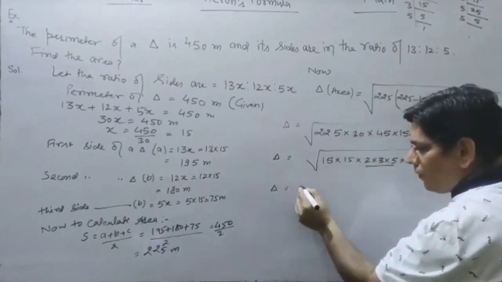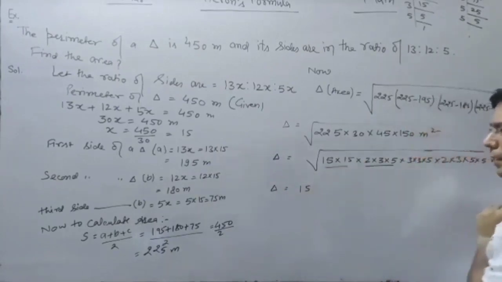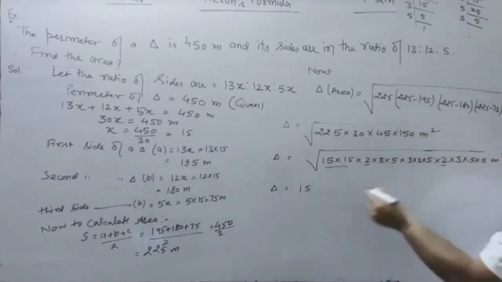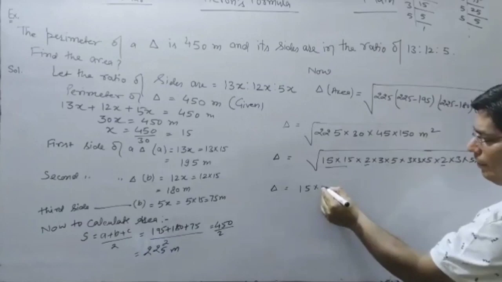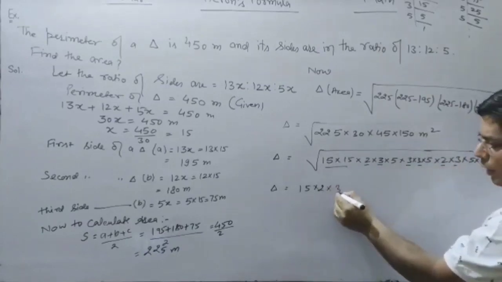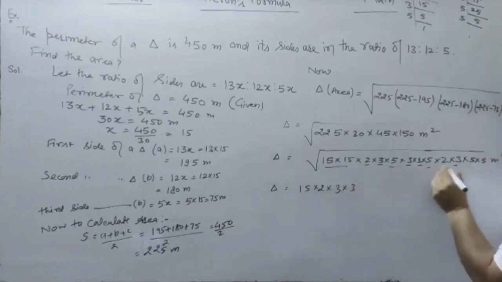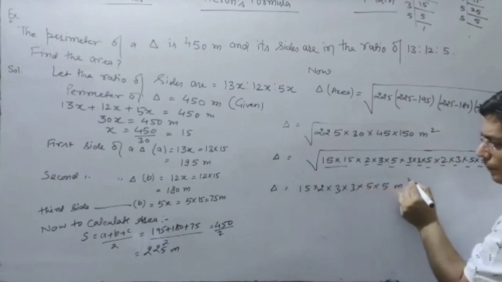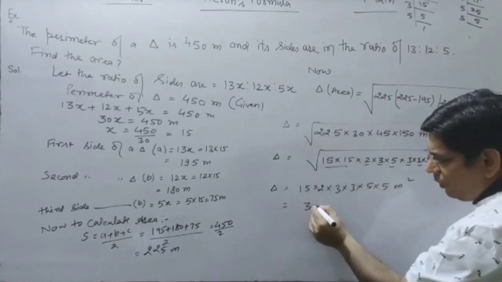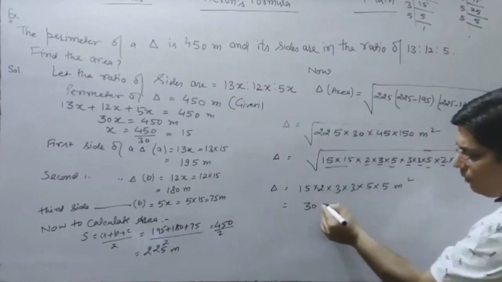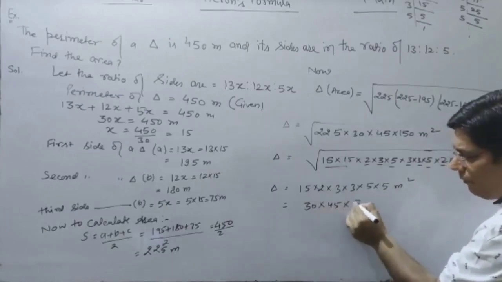Now from the pairs, 15 will come out once. Calculate the value of 2: one time 2. 3: 1, 2, 3, 4, that means 2 times 3. 5: 1, 2, 3, 4, so 4 times 5, that is 5 into 5 two times. So 15 into 30, 9 5s are 45, 45 into 5 meter square.